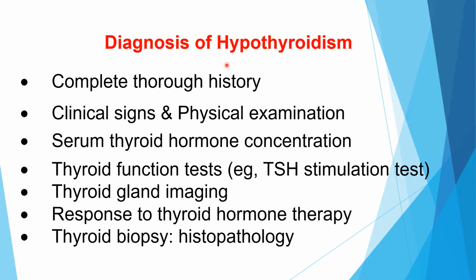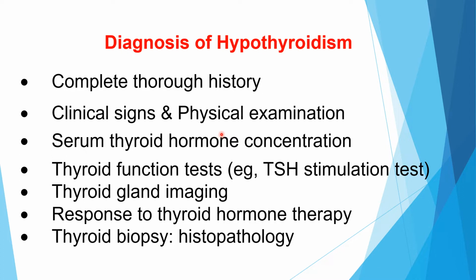Friends, we discuss here the diagnosis of hypothyroidism, especially in dogs. These following points we will discuss in subsequent slide presentations. A complete thorough history is required, along with classical clinical signs and physical examination.